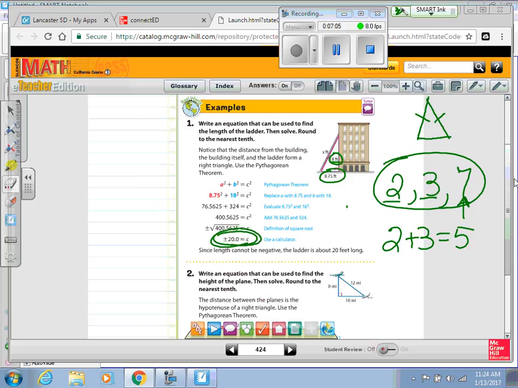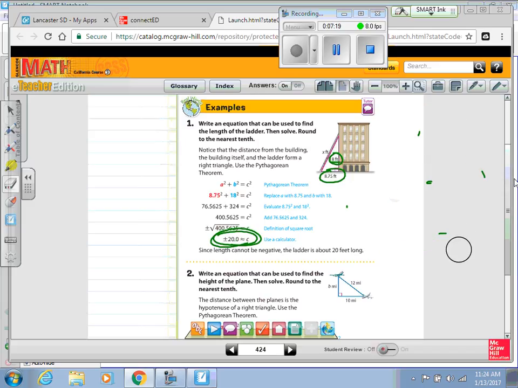So if I were to change this scenario, and if I were to say that we have a triangle whose sides are 2, 3, and 4, we have a right triangle.